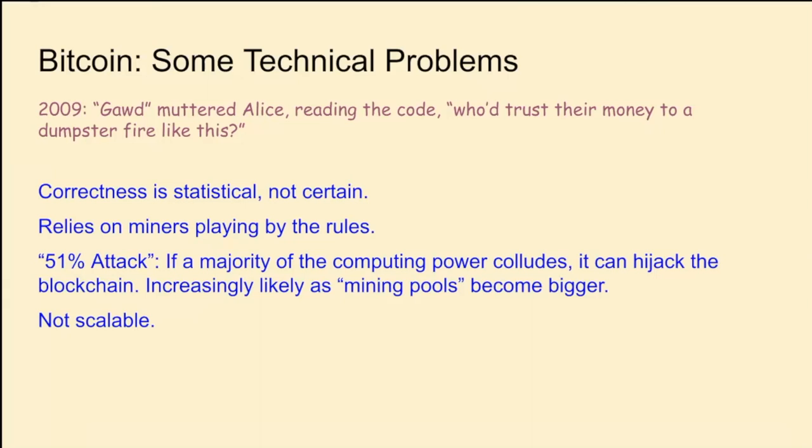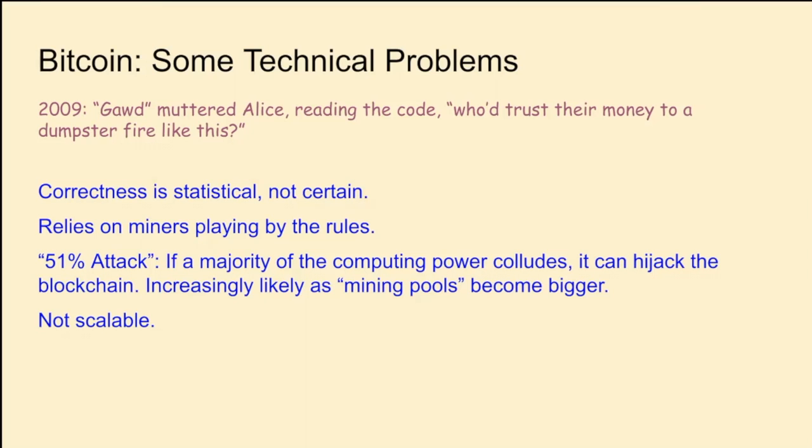And then finally, the whole design of Bitcoin, in some sense, is really not very scalable. The idea that it deliberately slows down block creation means that comparisons between, say, Bitcoin and credit card networks are sort of laughable.